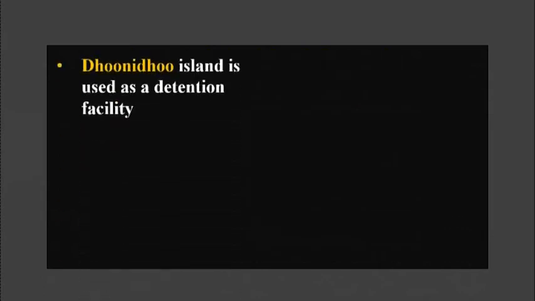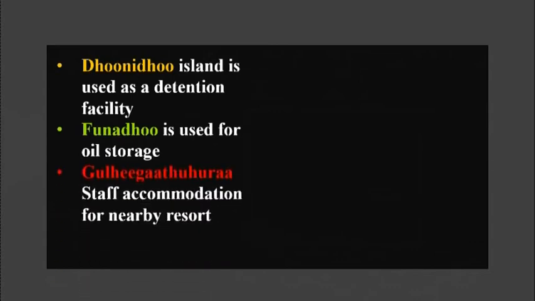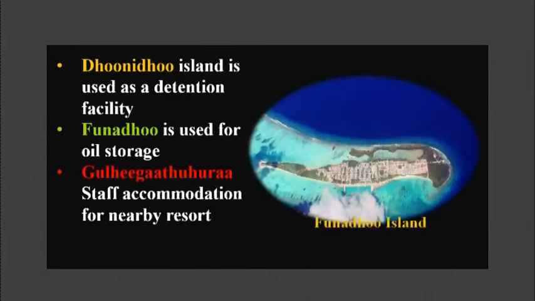Dunidu Island is used as a detention facility. Funadu is used for oil storage. Guligathura is for staff accommodation for a nearby resort. And you can see in the slide a Funadu Island.